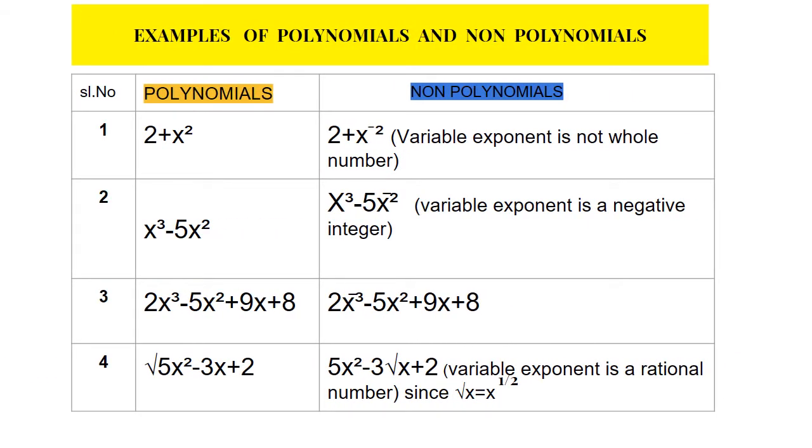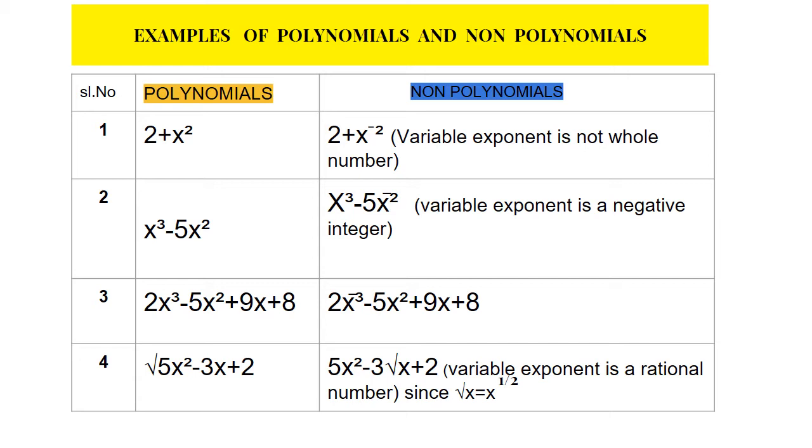Now, polynomials and non-polynomials. In the previous slide we discussed the polynomial, which is an algebraic expression. Observe here, 2 plus x square is an algebraic expression. An algebraic expression must consist of a variable and a constant.